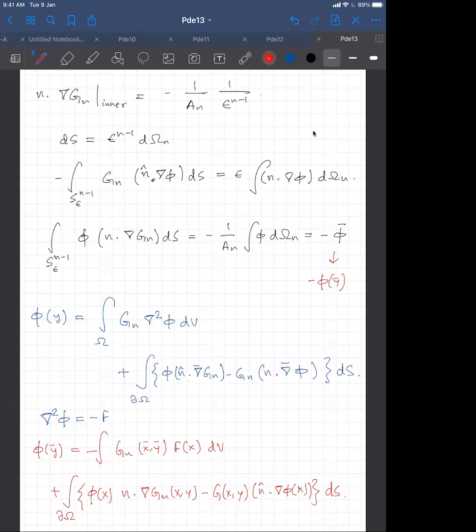Also it's important to note that the Green's function here is provided as an expression for the solution with inhomogeneous boundary condition.